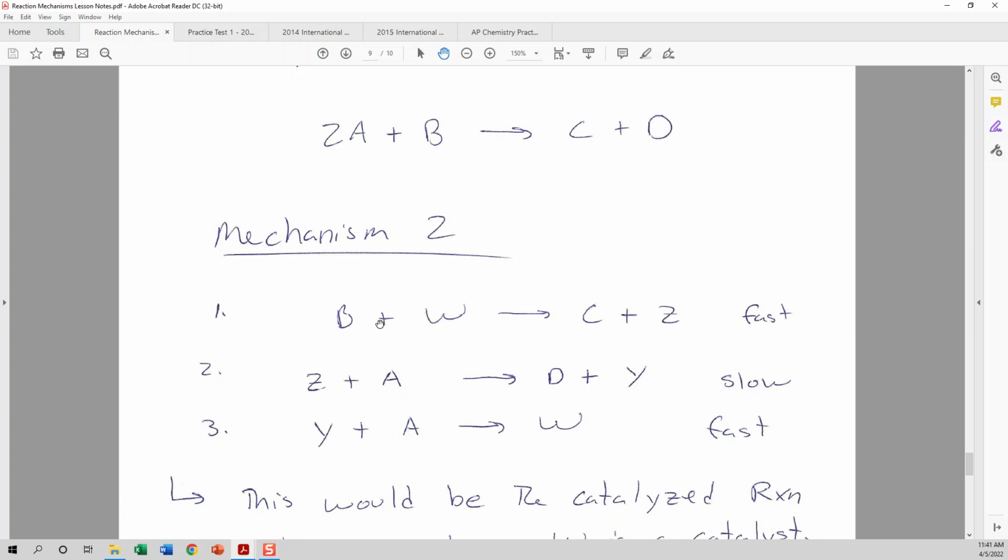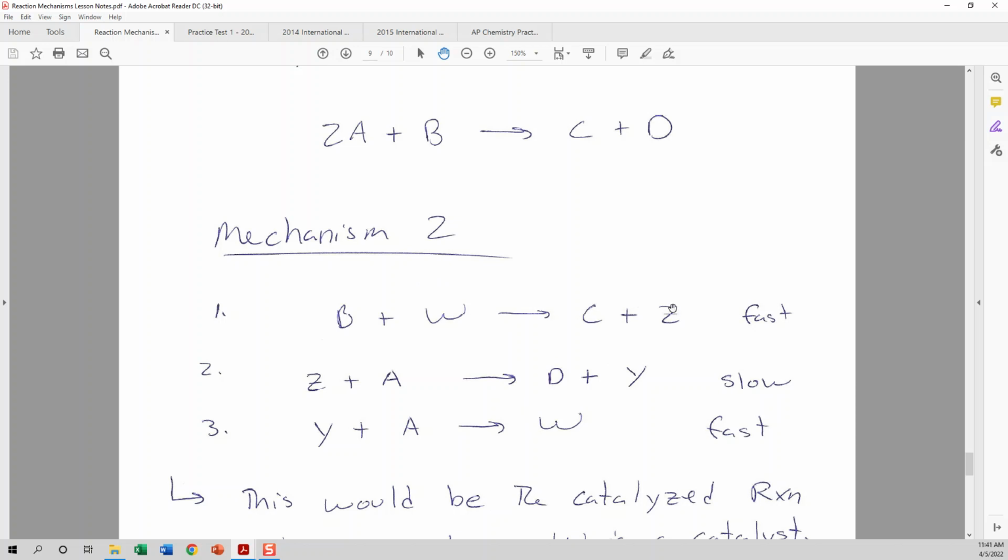Remember, an intermediate has to be produced and then consumed, right? This is being consumed and then produced. That's a different thing. And what we've just identified there, W, is a catalyst. So W is a catalyst.